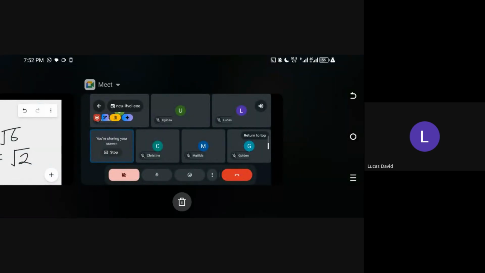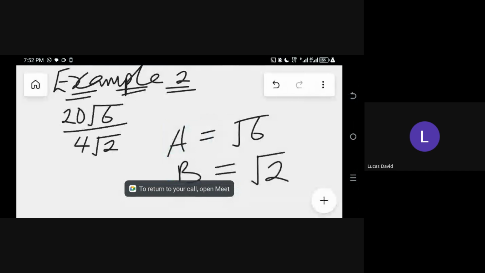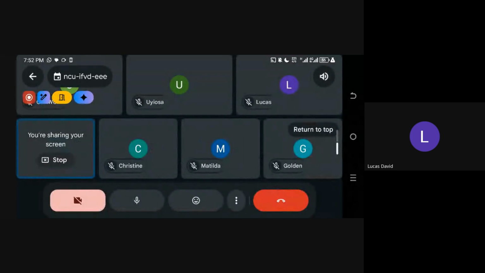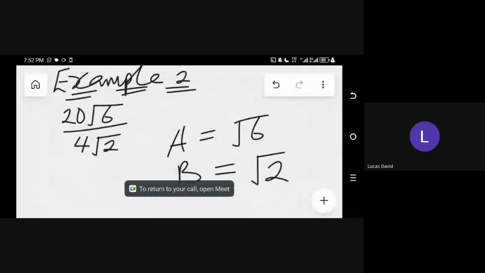So Uyosa and Matilda are wrong. Uyosa, why do you think we should use root 6 to rationalize? Look at it. Okay, not responsive. Let's ask his partner, Matilda.